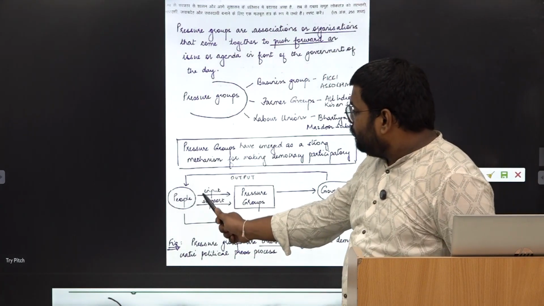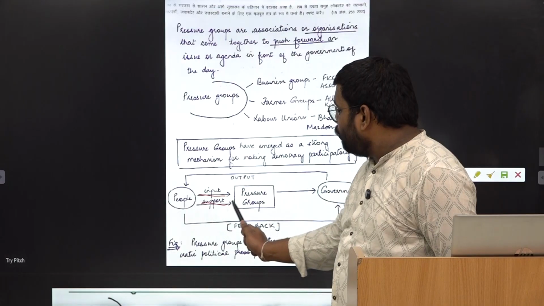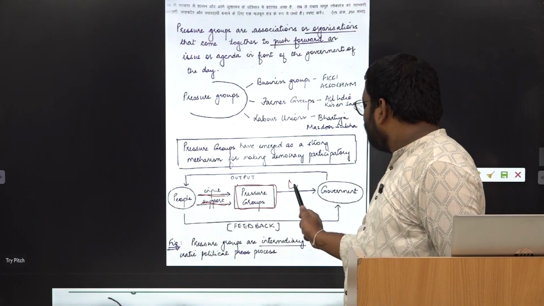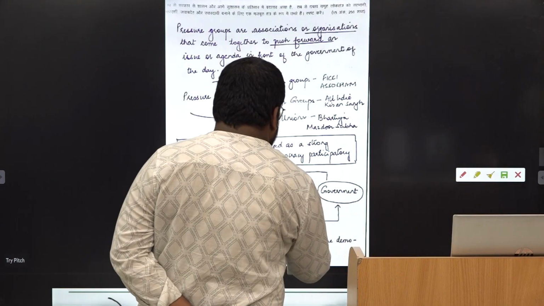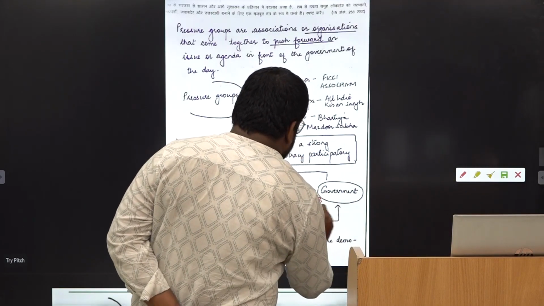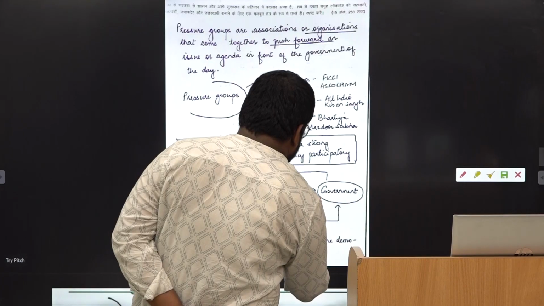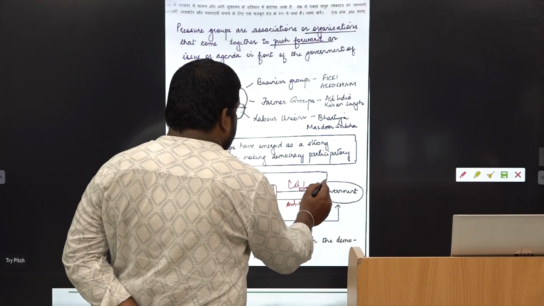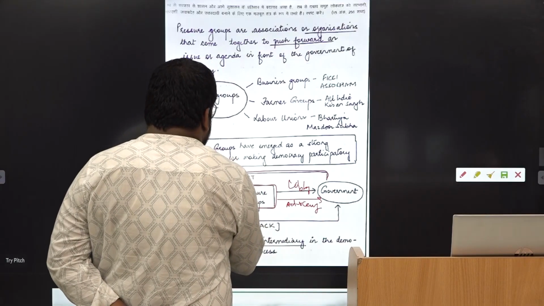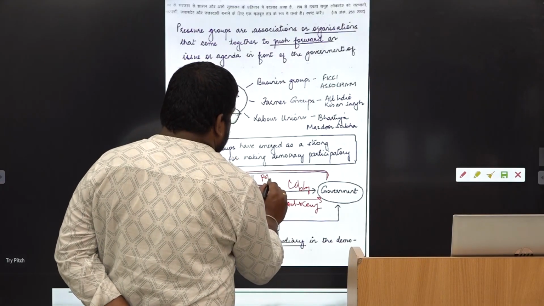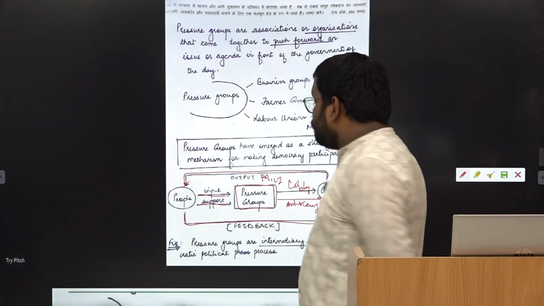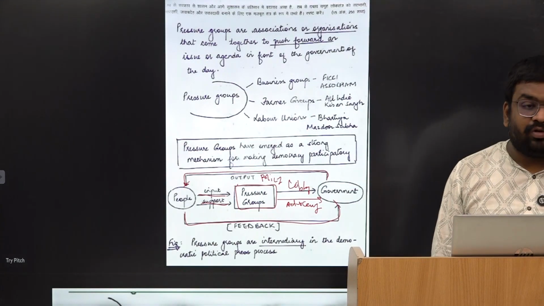So people provide input and support to pressure groups which lobby with government. So lobby and advocacy, which results into output in the form of public policy, and then there is a feedback mechanism. So this is your input output diagram for the pressure groups.